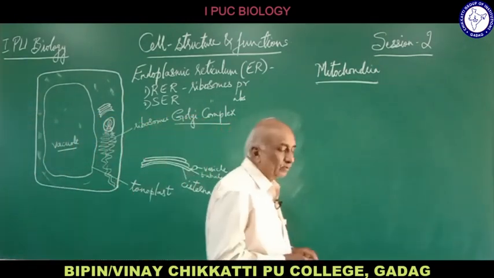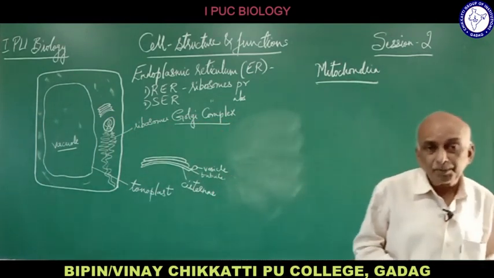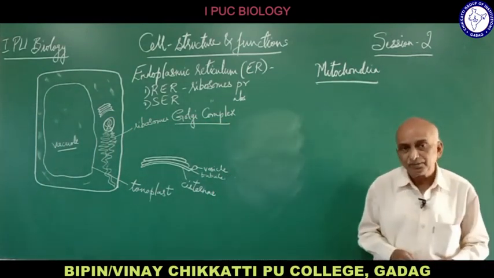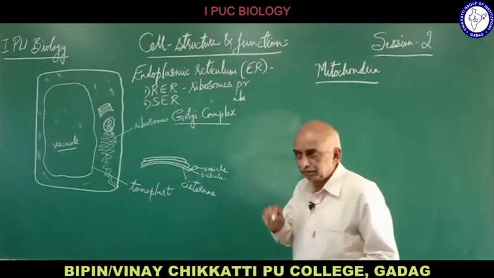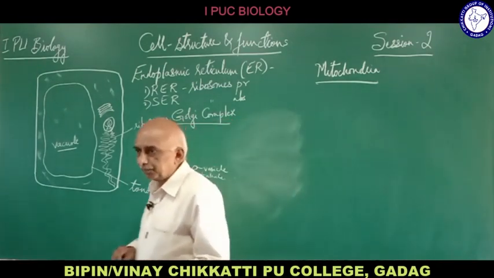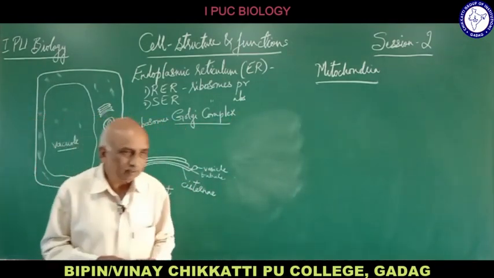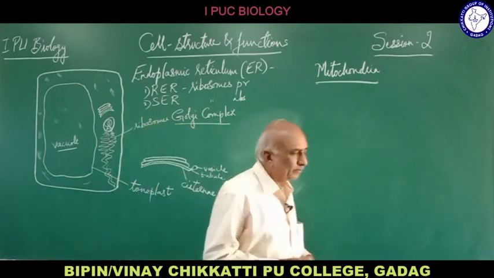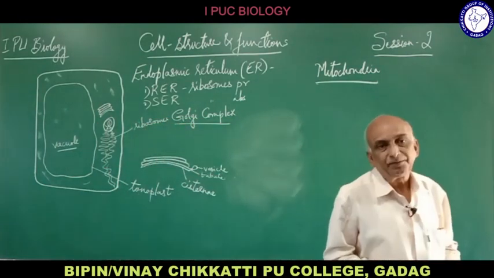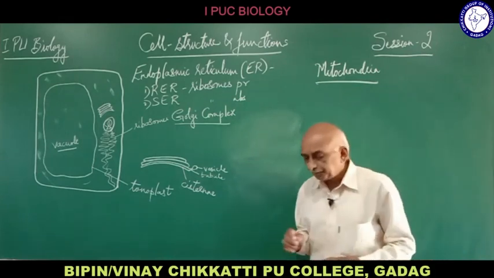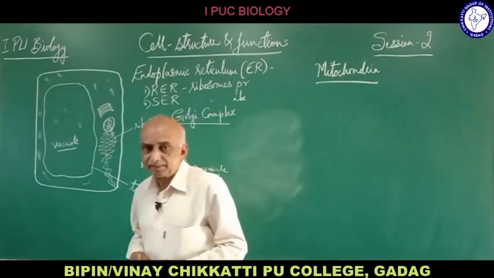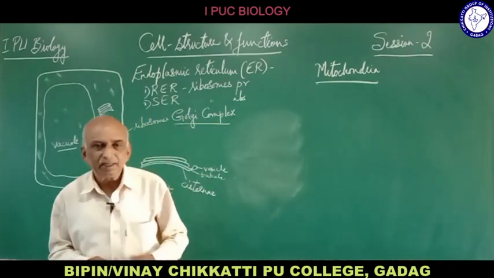Now the number of mitochondria in a cell: they are present in larger numbers in cells which have more physiological activity, especially in the muscle cells in human beings or any animals.